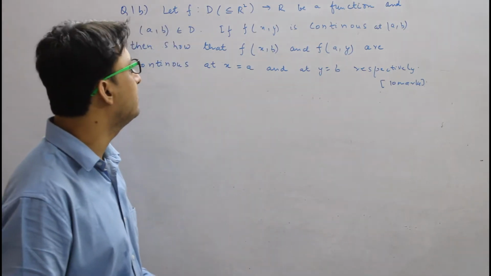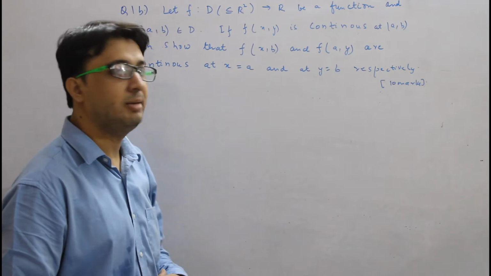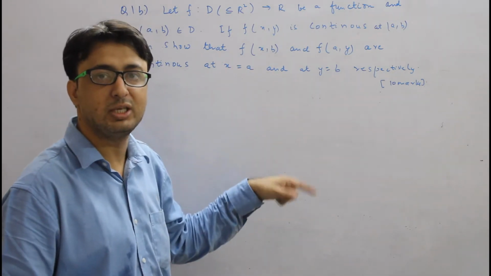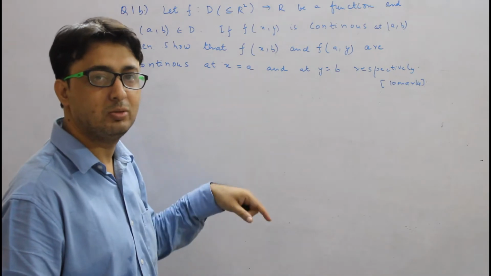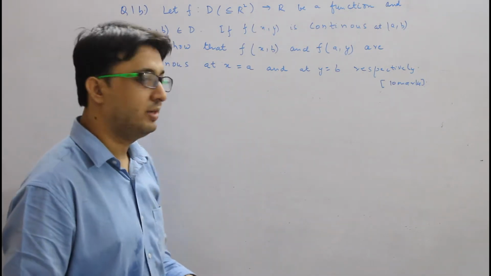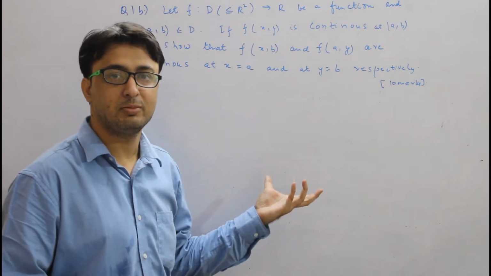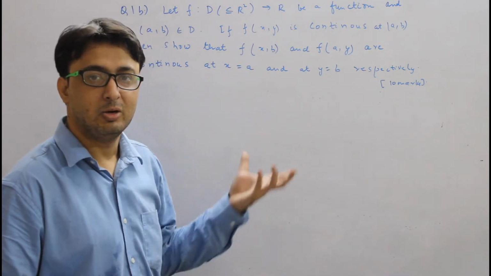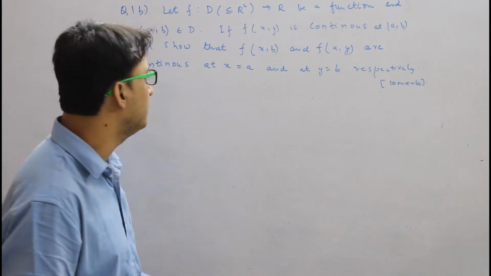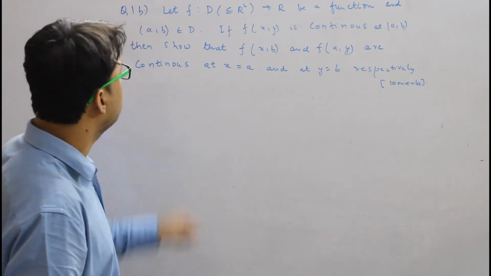If you recall, the same sort of question is asked for continuity and differentiability in paper 2, that is real analysis, also as question number 1b. So if you know this concept, you are going to doubly benefit on paper 1 and paper 2 this year, especially 2019. So we will start solving this question.